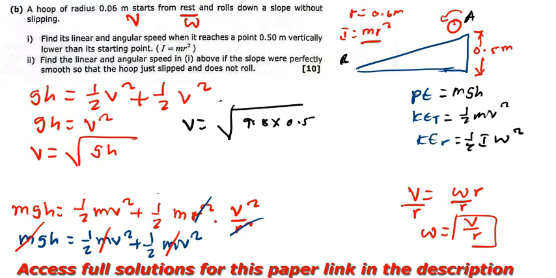So 9.8 times 0.5 is 4.9. The square root of 4.9 is 2.2135, 2.21359 meters per second. Now I'm going to round it off to just 2.21.